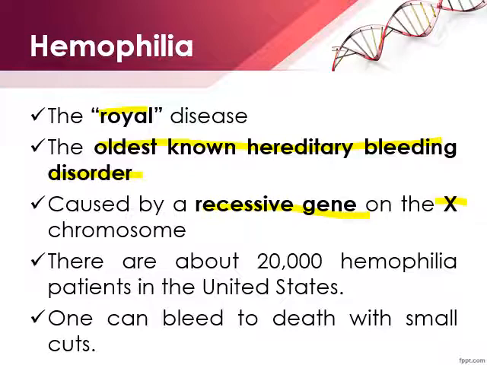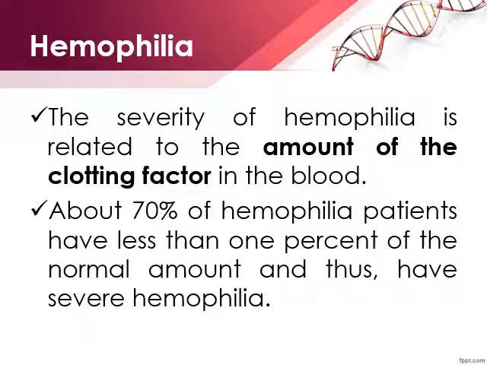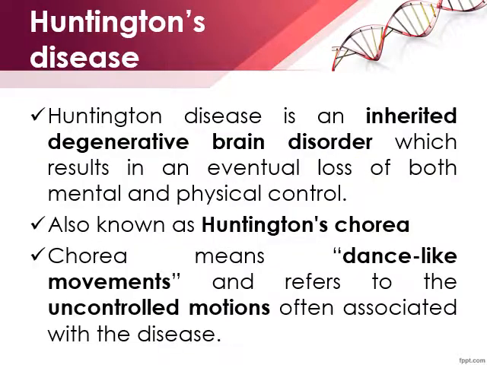One can bleed to death from small cuts for people with hemophilia. The severity of hemophilia is related to the amount of the clotting factors in the blood. So 70% of hemophilia patients have less than 1% of the normal amount and thus have severe hemophilia.